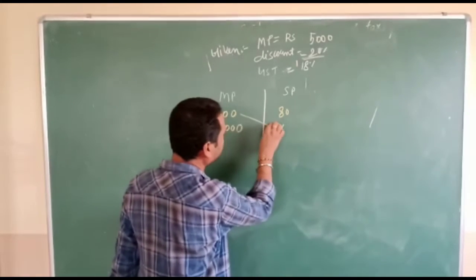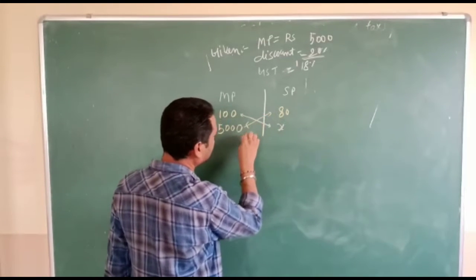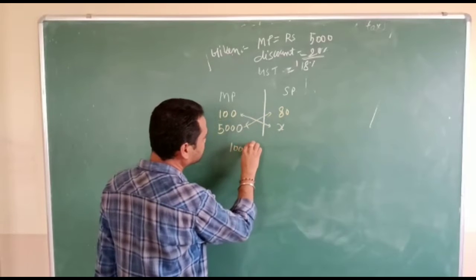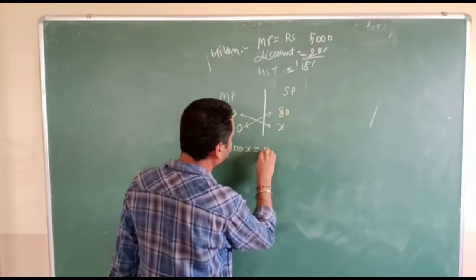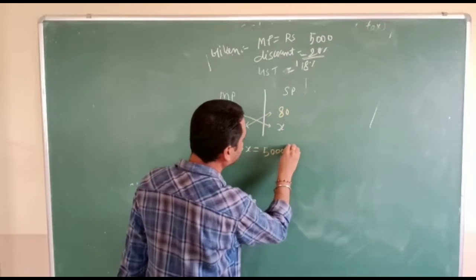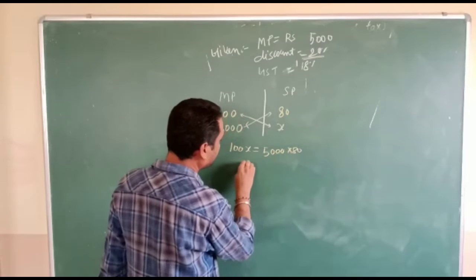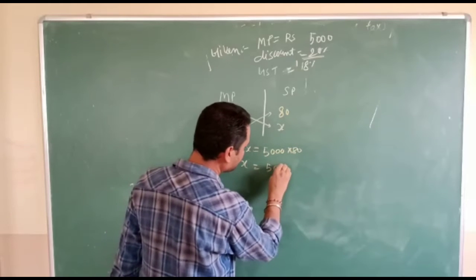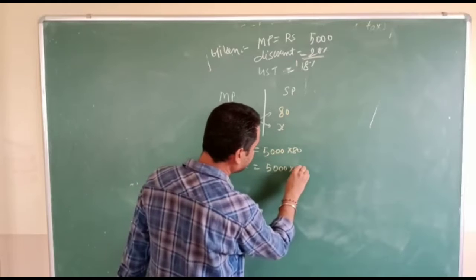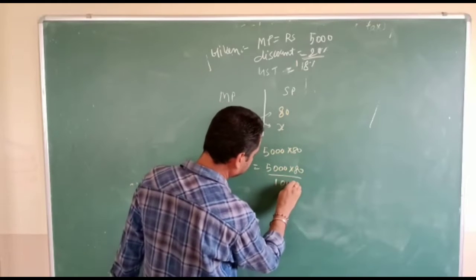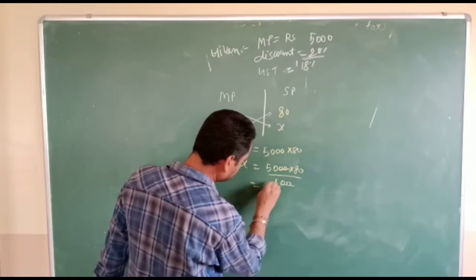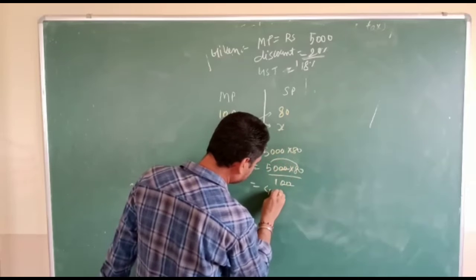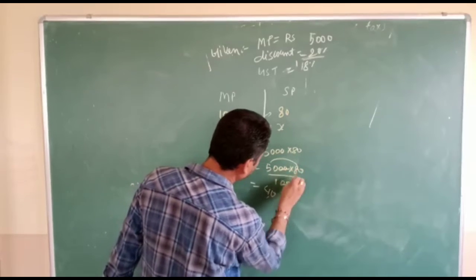This is the easiest way you will come across. So, 100x equals 5,000 into 80, or x equals 5,000 into 80 by 100. 8 5s are 40, 2 zeros.